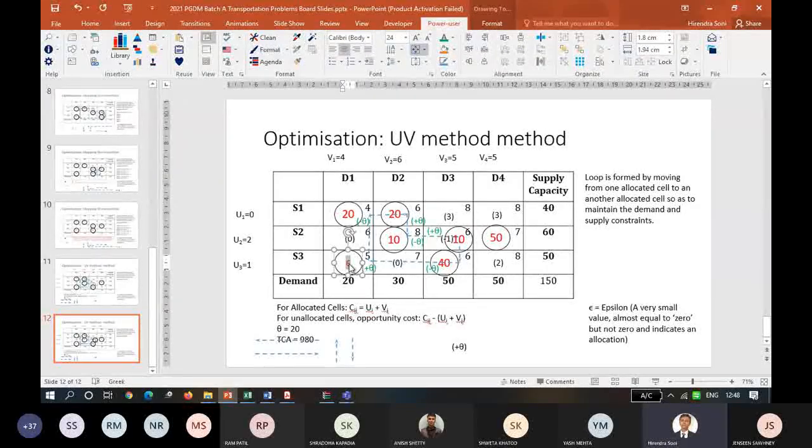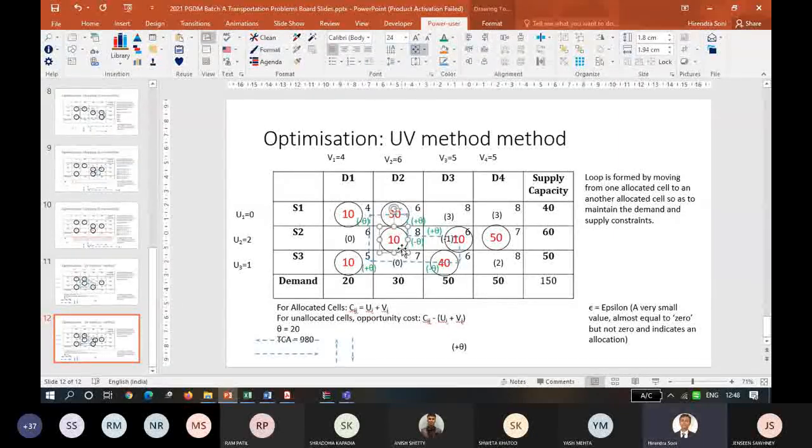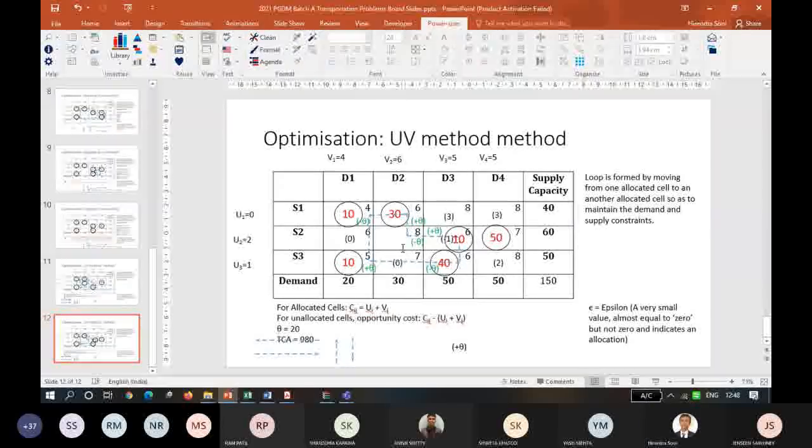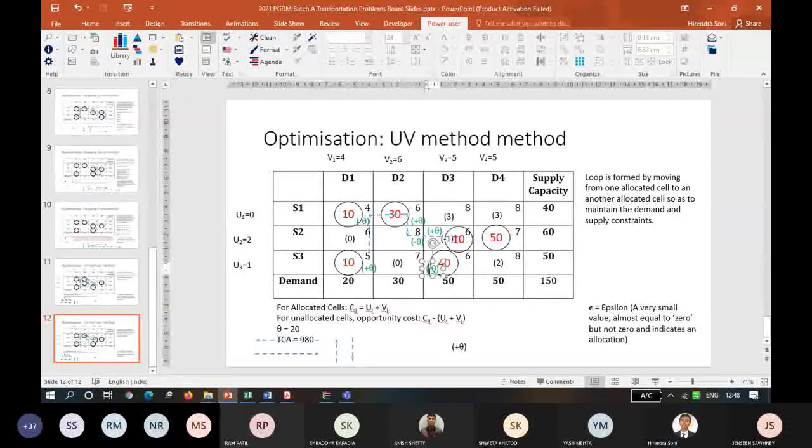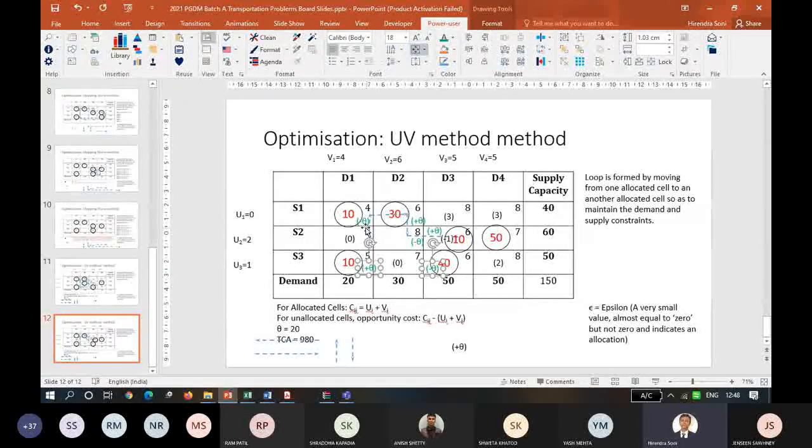Epsilon plus 10 will be 10. 20 - 10 will be 10. यहाँ पर एडिशन होगा. 20 + 10 becomes 30 and 10 - 10 it goes away. Correct? So this is what you will get as a reallocation or after adjustment. So we'll remove all the minus theta values because we'll have to check it again.